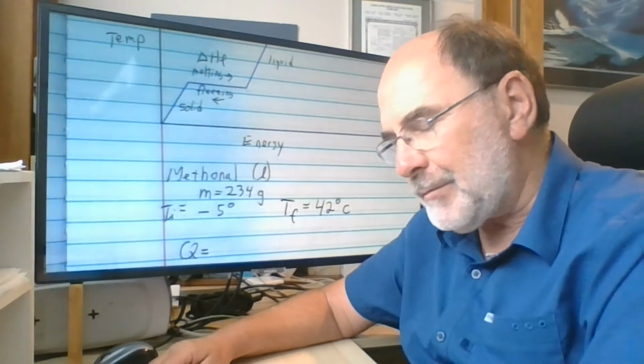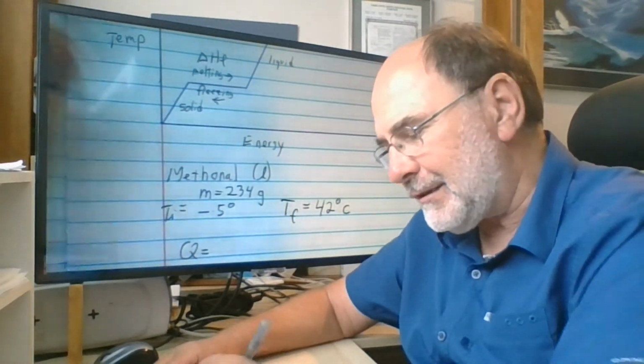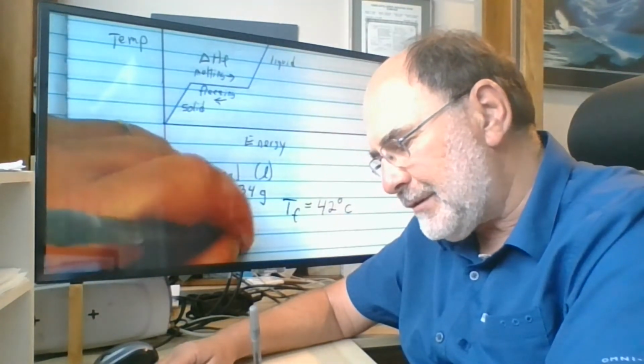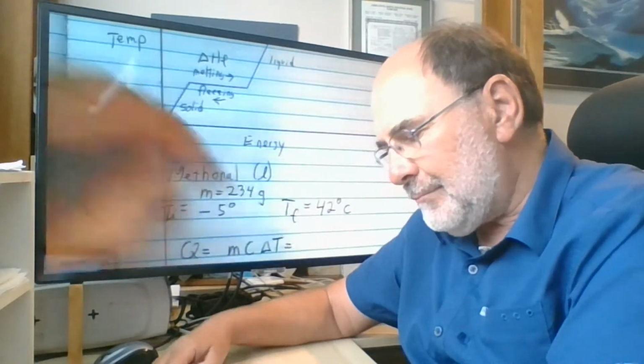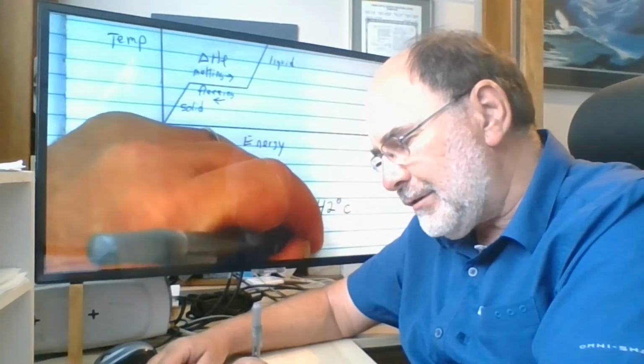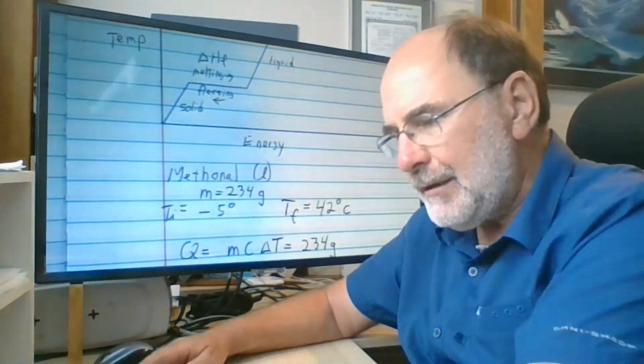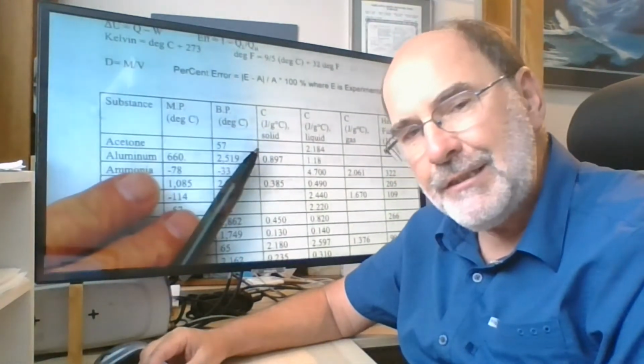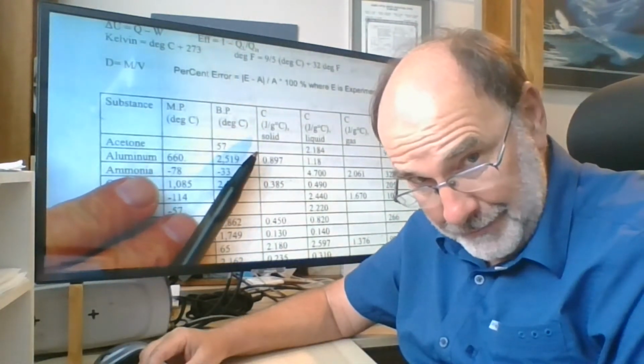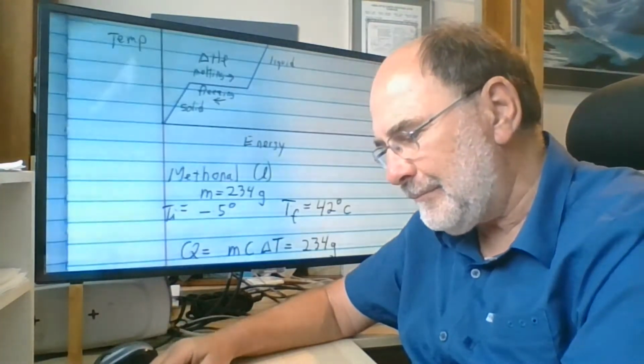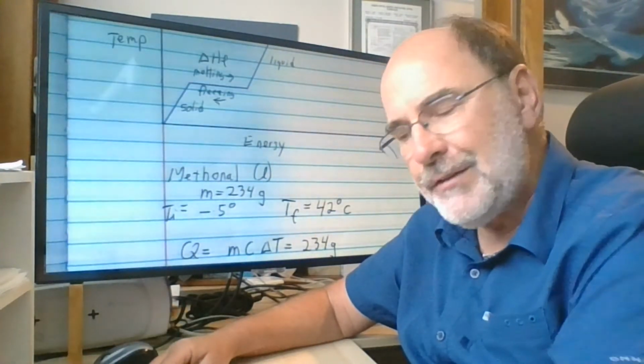Well, the formula is Q equals mc delta T. So mc delta T means 234 grams, because this table of information is in units of grams, no need to convert to kilograms, times the specific heat.